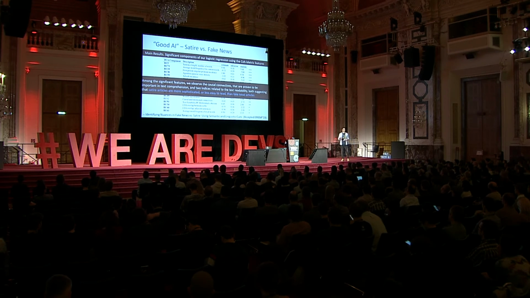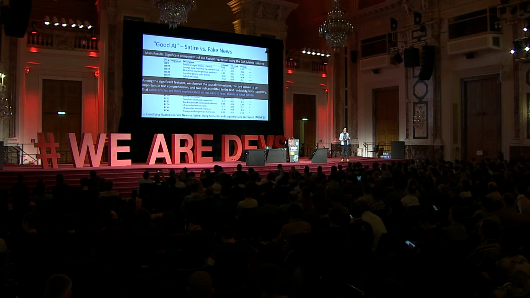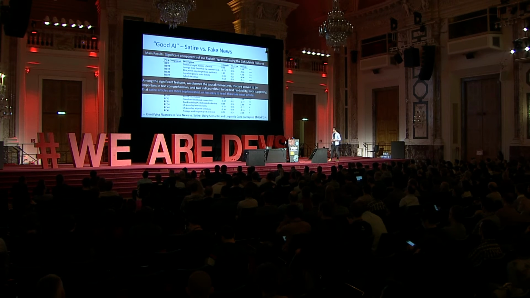So this helps us to learn more about the differences between satire and fake. And what we also learn is that we can use AI to try to detect between the two. So this is an interesting example for working on text detection.